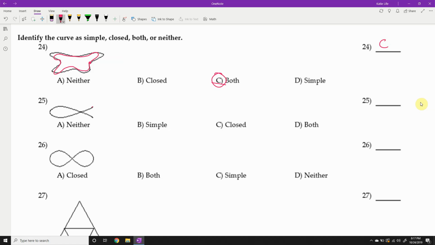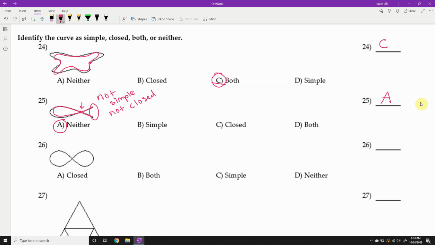In 25, when we trace the figure, I would definitely pass through that point more than once. So it is not simple. And because the starting and ending points are not the same, we've got this kind of weird opening here. It is also not closed. So 25 is neither. 25 is A, neither.